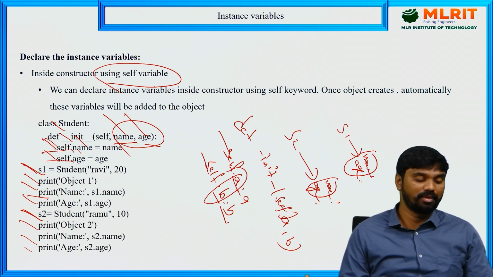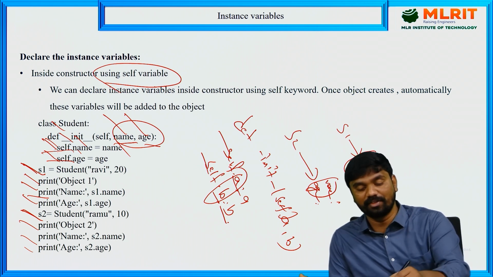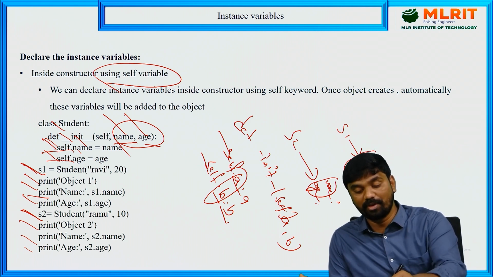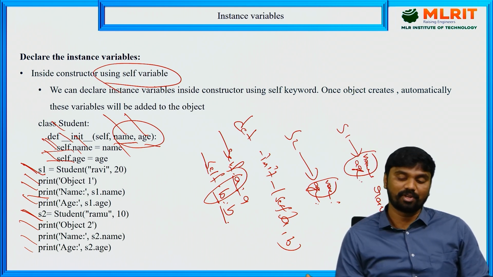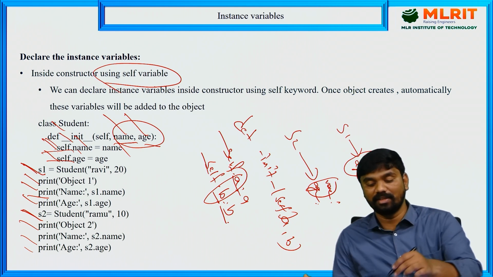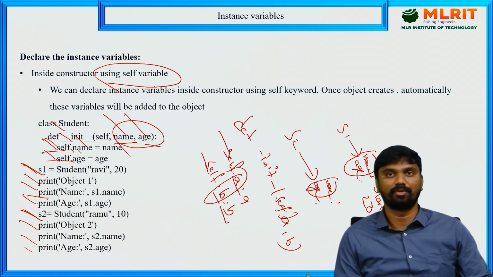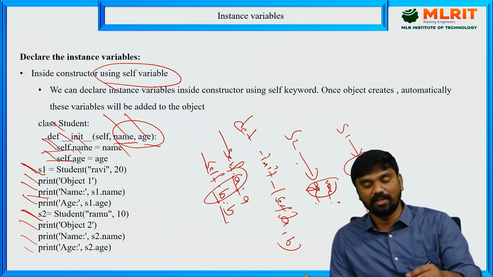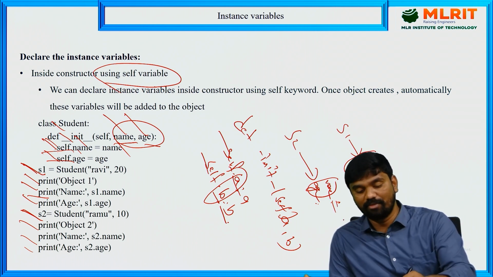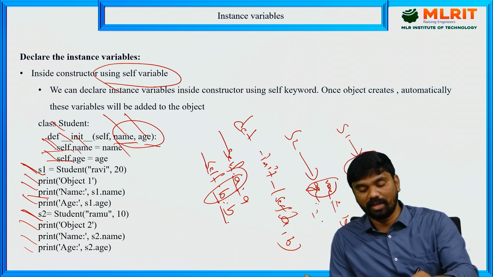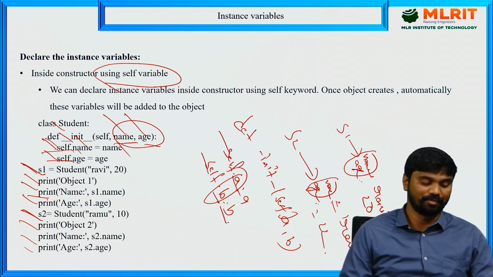In the first object, the instance variable name is, for example, Ravi, and the instance variable age is, for example, 20. Similarly, in the second object, name and age are there, but the values are different. See here, name equals Ramu and age equals, for example, 22.